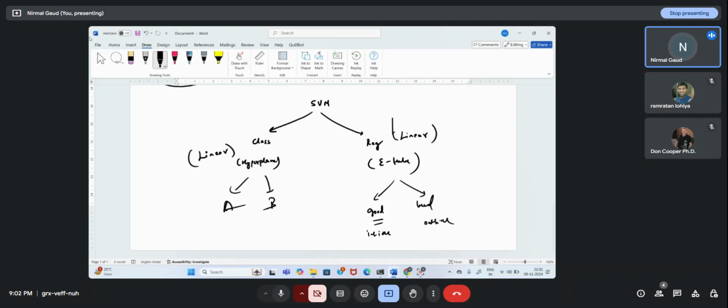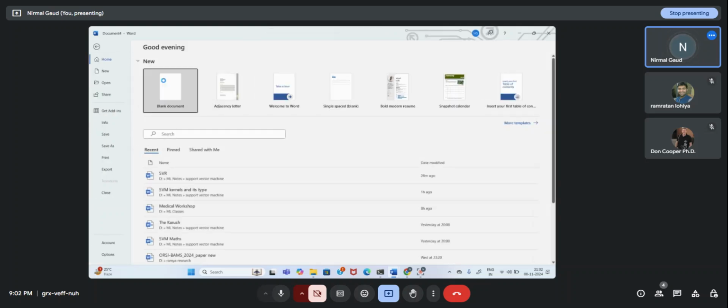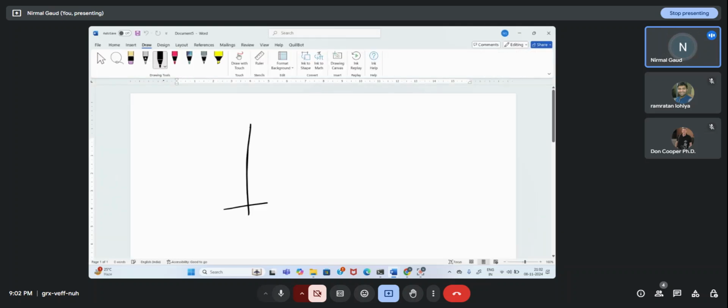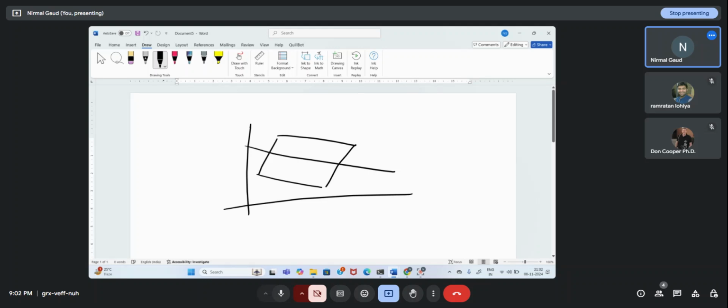And if I let you know one more thing, in classification also, if you are having such kind of diagram, any point which is coming here, you are saying this is B and A, any point which are coming here, these are support vectors.